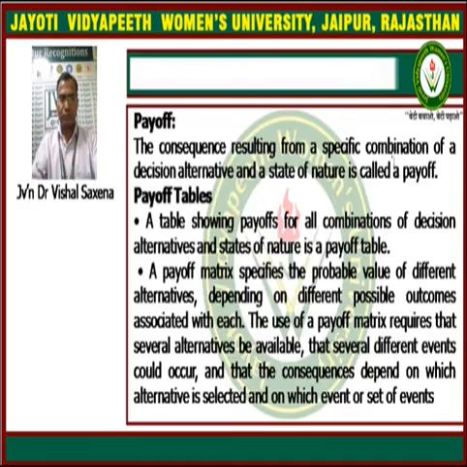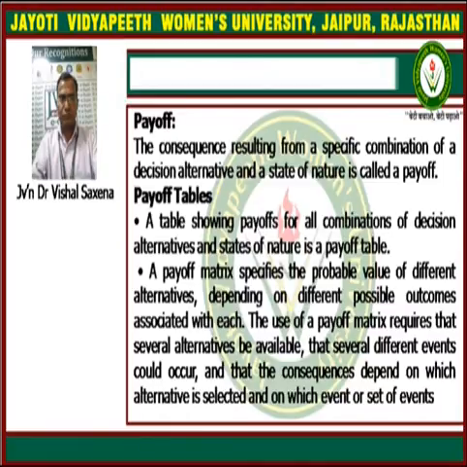So we have some slides for this, and now we share them. In this table, we have explained already that the payoff is a consequence resulting from a specific combination of a decision alternative and a state of nature.